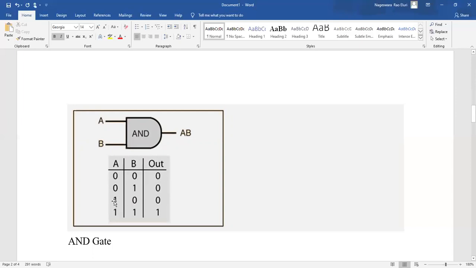Similarly for 1 and 0, the value is 0, and for 1 and 1 you get the value 1. Only then is our neural network representation correct. If the values are not correct, there is an error, and we have to update the weights. I will explain the process slowly, so try to understand from here; it is very important.